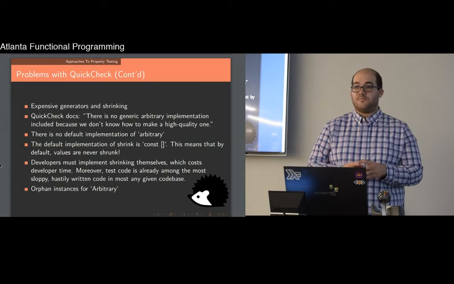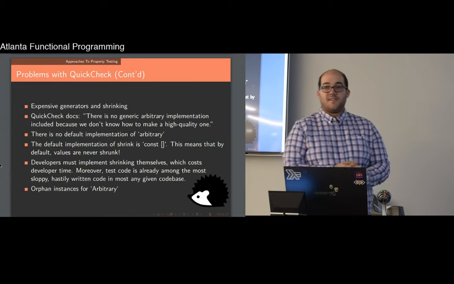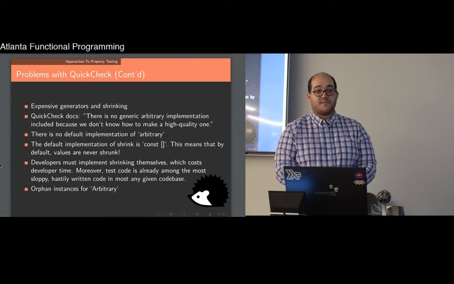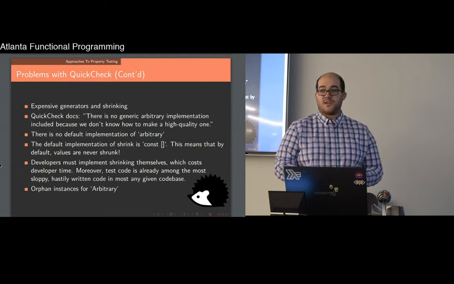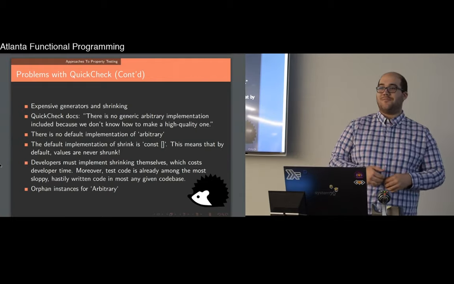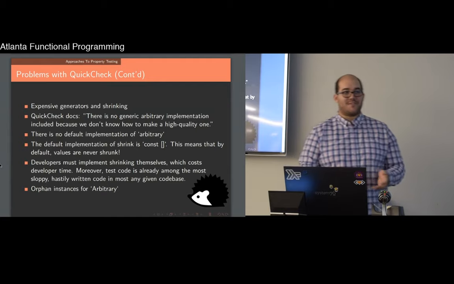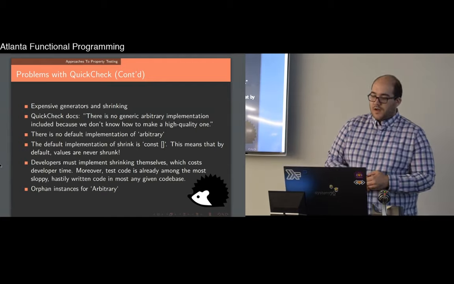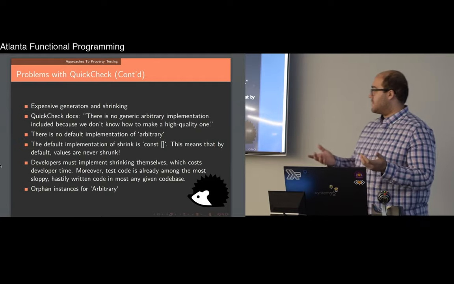You have to provide your own shrinking, and this is actually another thing that makes this statistically bad: most developers of QuickCheck do not actually write shrinks. So their errors can actually be pretty bad when their data structures are really large. And shrinking is often a lot more difficult to implement than generating, which costs developer time.